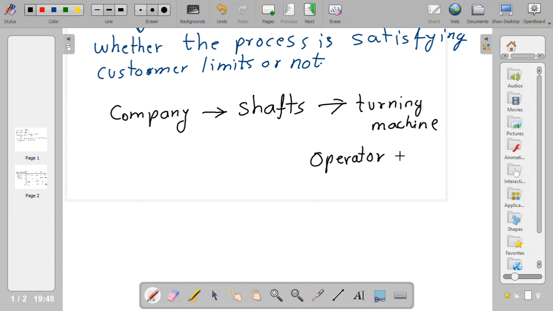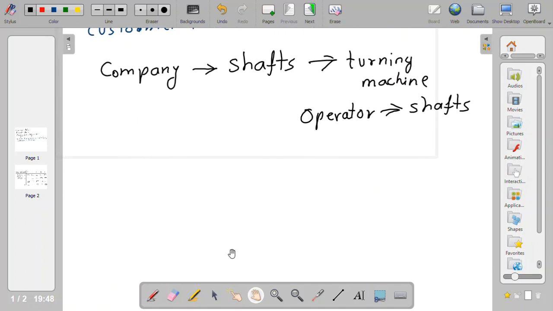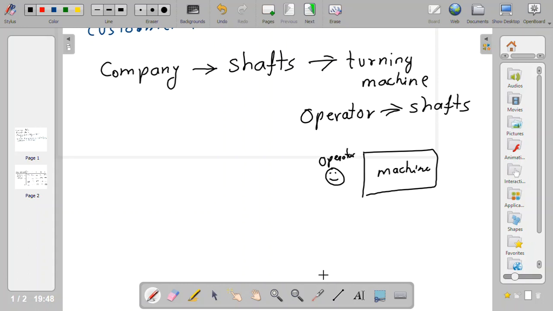So he will continuously produce shafts, right? Only shafts are manufactured, okay? So suppose the machine is there, and this is the operator, okay? So continuously he is producing shafts.